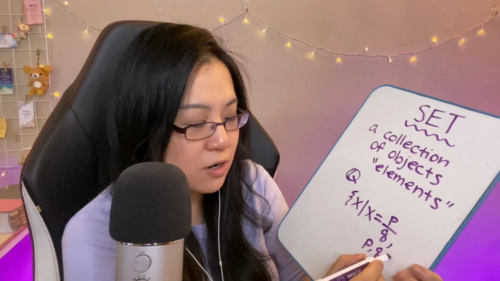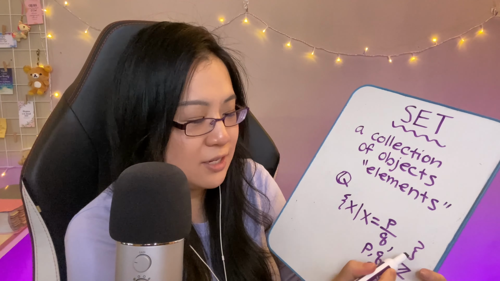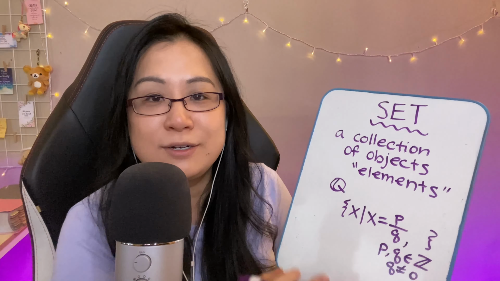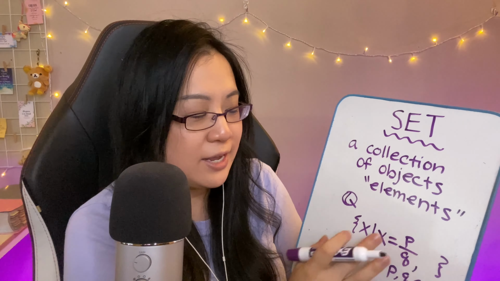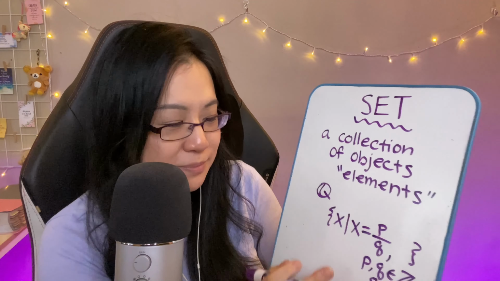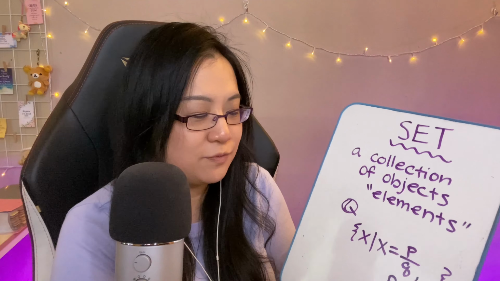So you need to say where p and q are integers, so that would be Z, and q is not equal to 0 because you can't divide by 0. This is equivalent to the set of rational numbers. Any number that can be written as a fraction of two integers is a rational number. So this is the set using set builder notation, for instance.